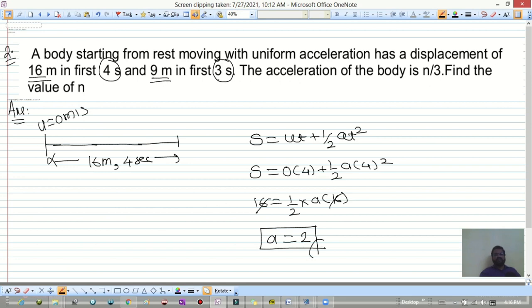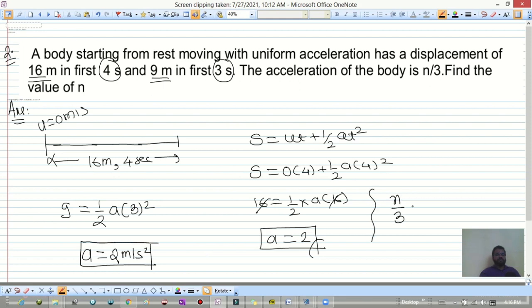And they gave 9 meter in the first 3 seconds. So we'll check: 9 is equal to 1 by 2 a into 3 squared. So what is a then? a is again 2 meter per second squared. Now you have to compare this with n by 3. So n by 3 is equal to 2. So n is equal to 6. So I hope this is clear.